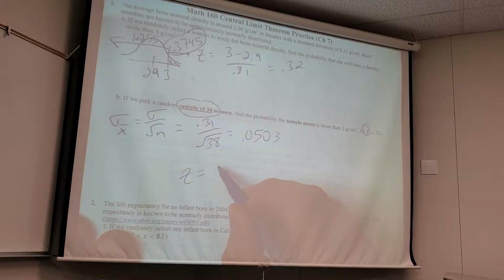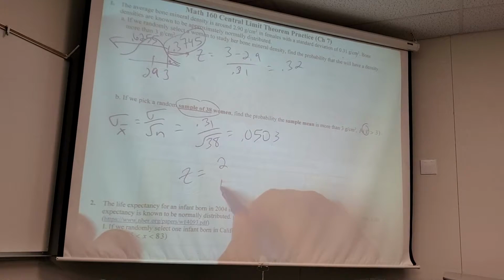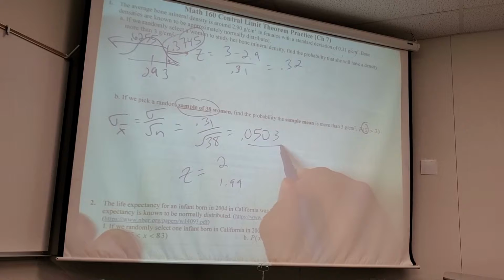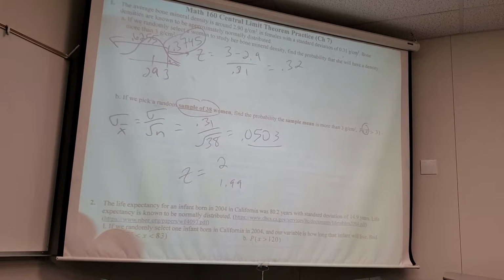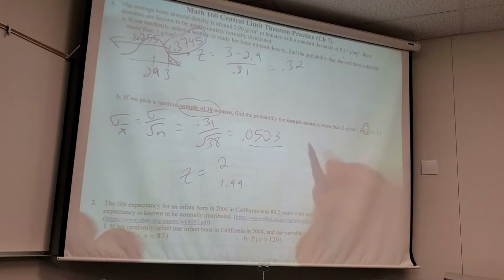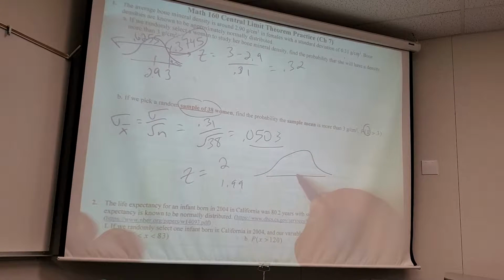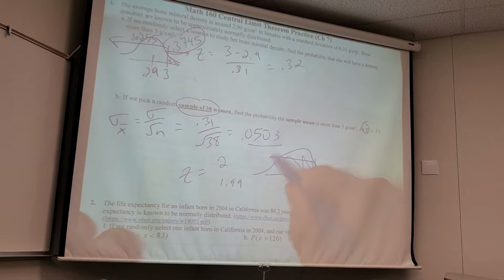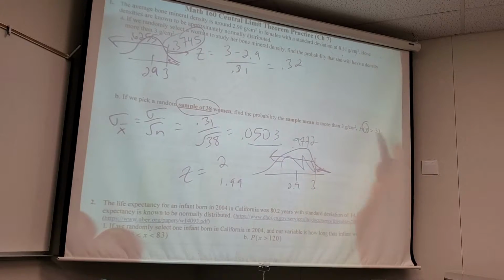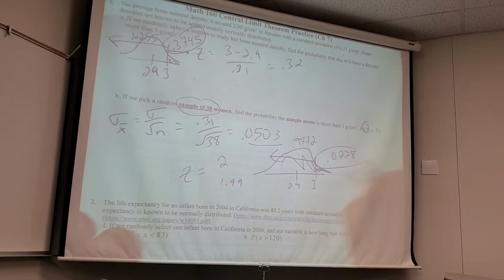So if you got a z-score of 2, you're fine. If you got a z-score of 1.99, that means you were a little more precise with your spread. Either thing you do, whoops, sorry. This would be 0.9772 one way. So some of you guys got 0.0228.